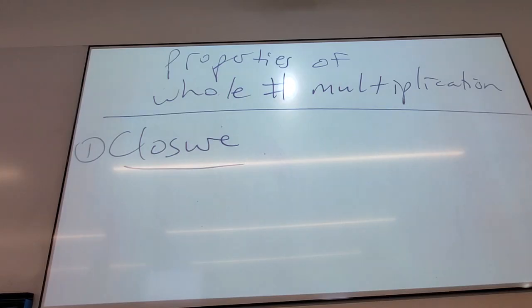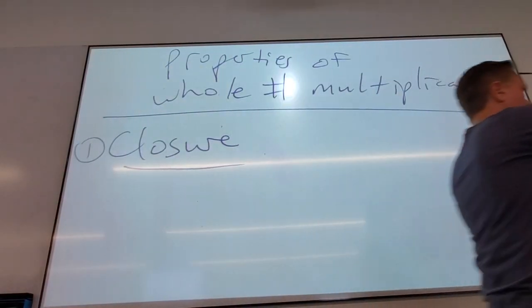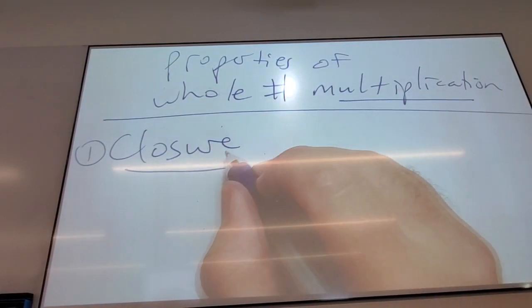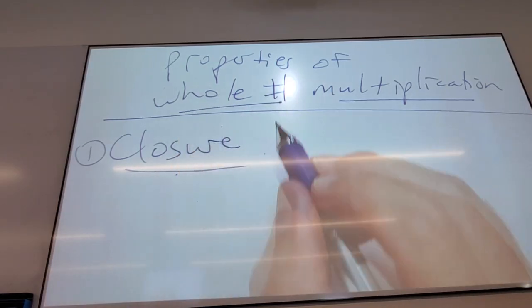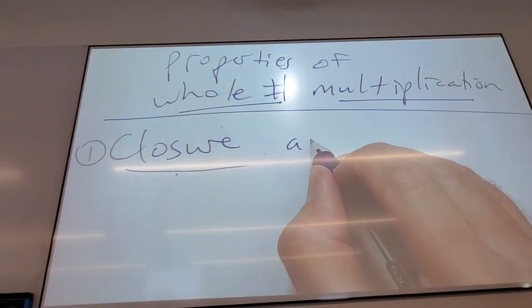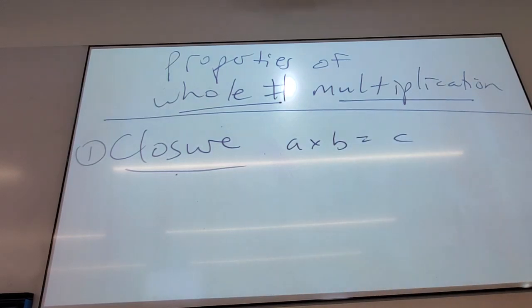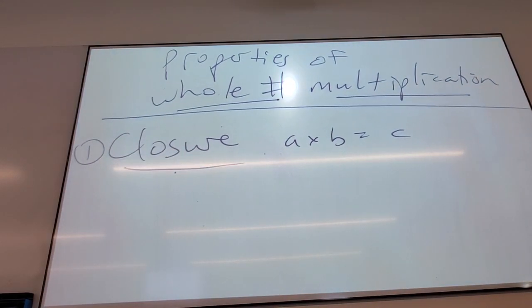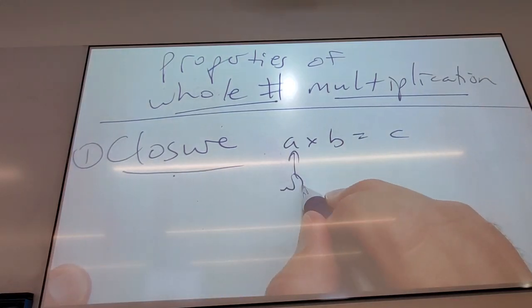I always love that. But it's not the psychological closure, right? It's the mathematical closure. Multiplication is very much closed over whole numbers, because if I take a whole number times a whole number, the answer will be a whole number. You can't help but do that.